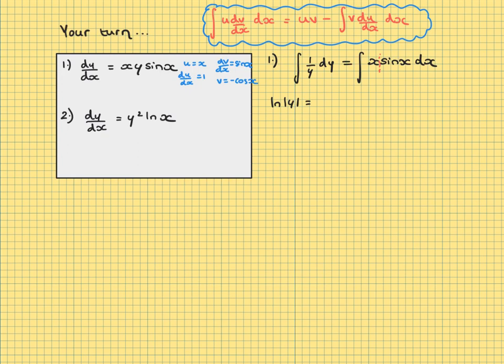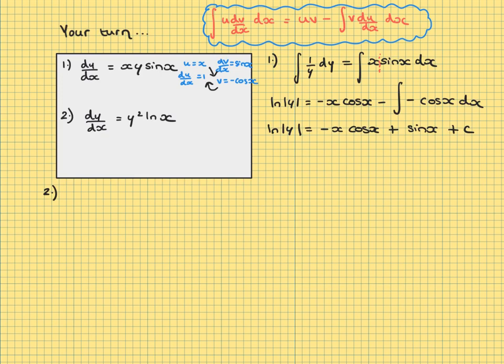So uv to start off with gives me negative x cos x minus the integral of v times du by dx, which is minus cos x dx. So on the right-hand side I get minus x cos x plus sine x plus c, and that's equal to ln mod y. I can of course raise e to the power of both sides as well as needed.